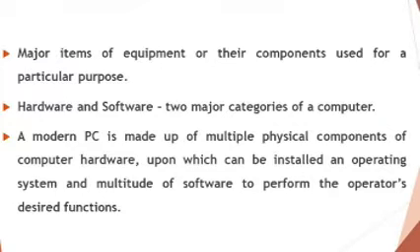We already discussed the two major categories of a computer: hardware and software. Both are regarded as two important aspects of a computer. A modern PC is made up of multiple physical hardware components, upon which we can install an operating system and a multitude of software to perform the operator's desired functions.